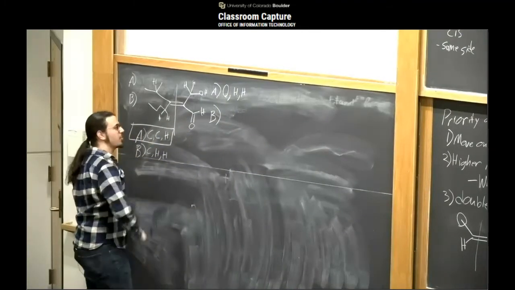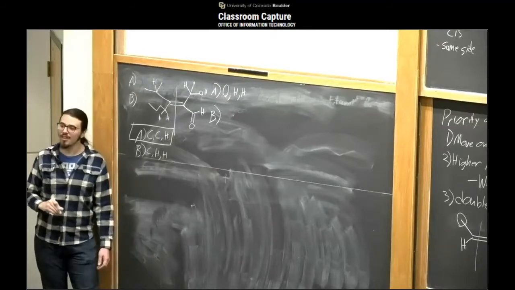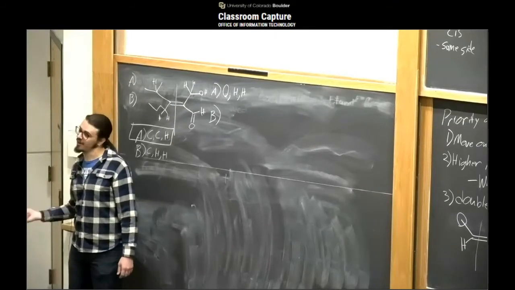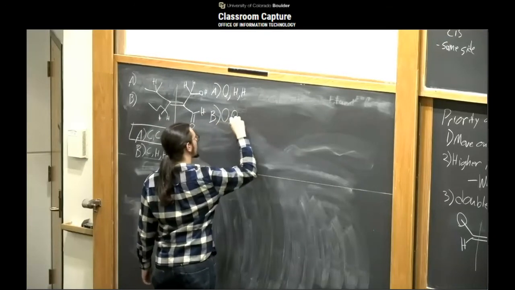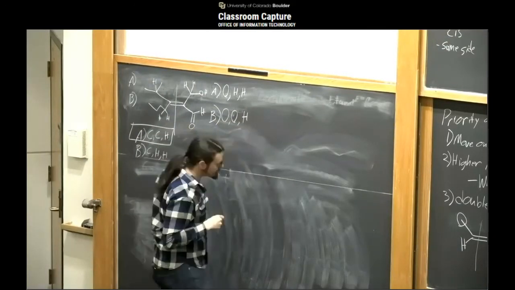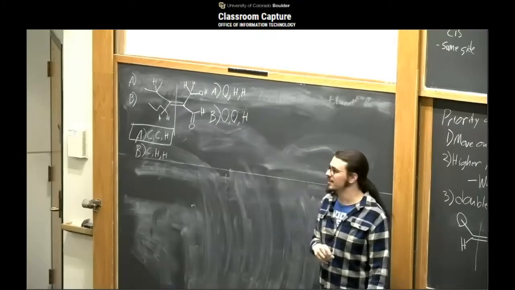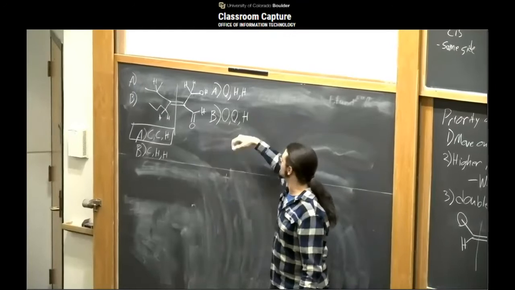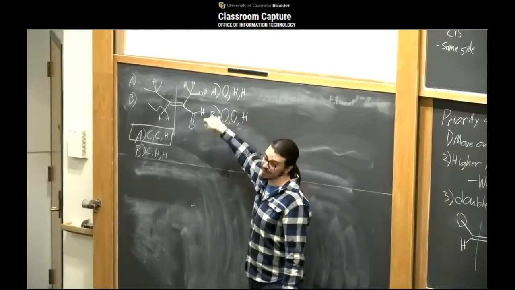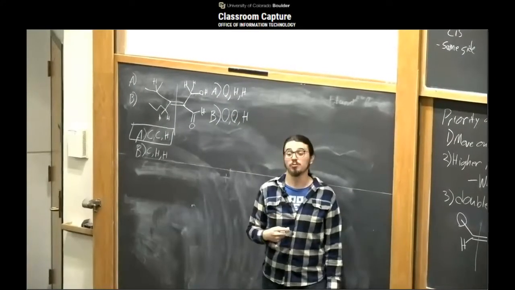Whereas with the B group, we have a double bond to the oxygen. So we're going to count that as 2 bonds to oxygen as far as determining priority. Then, following the example before, we have more bonds to oxygen in group B than group A, so group B is going to get priority here.